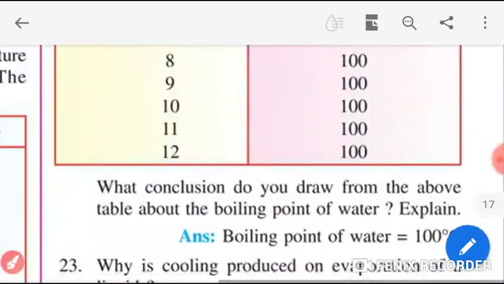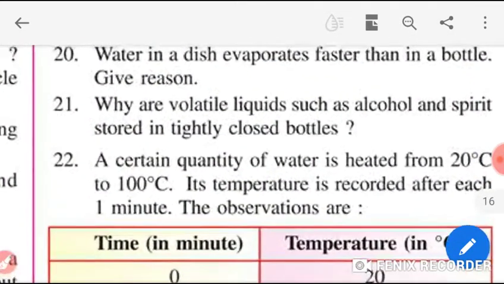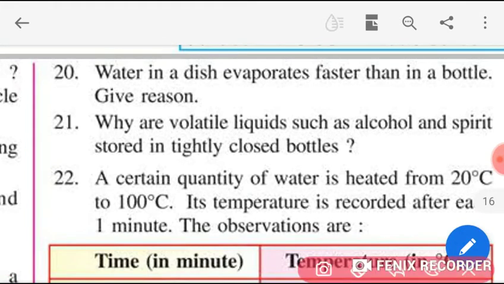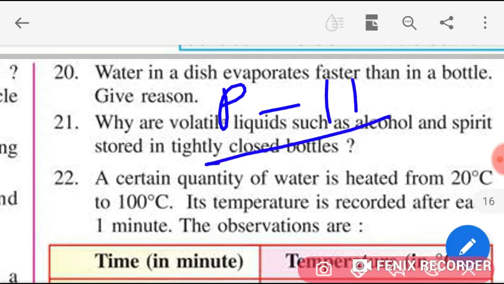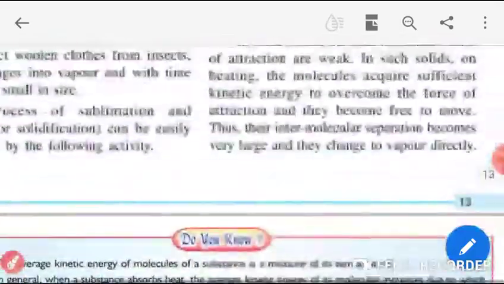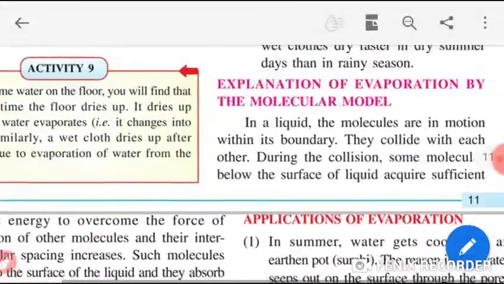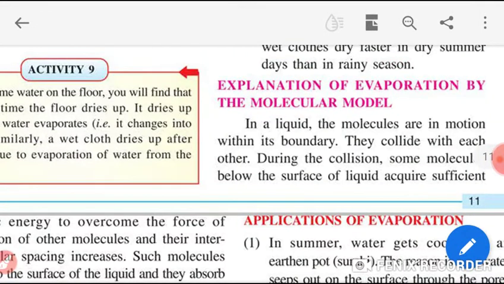Now come to question number 20. Water in a dish evaporates faster than in a bottle. Give reason. Students, you will get this answer on page number 11. So take out your page number 11.